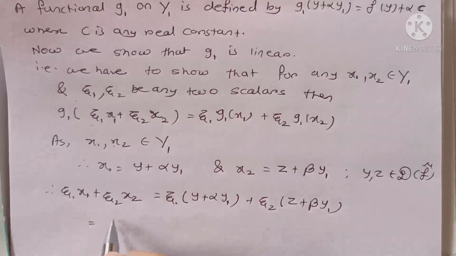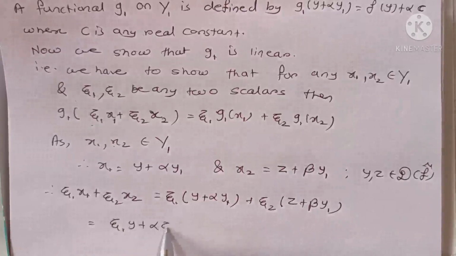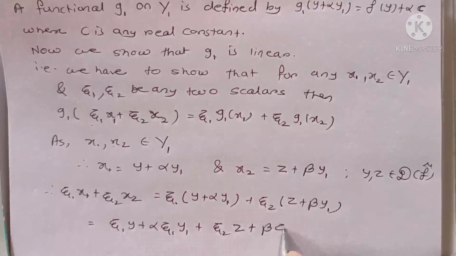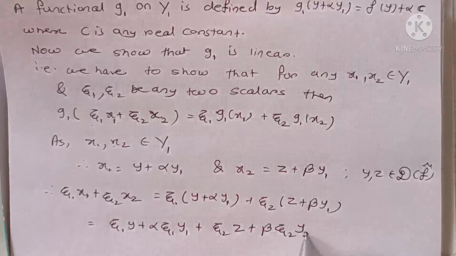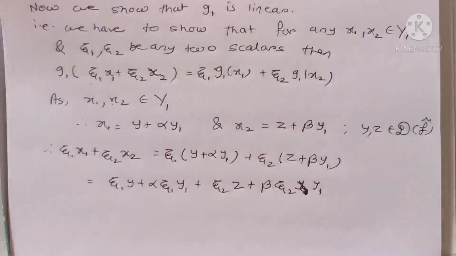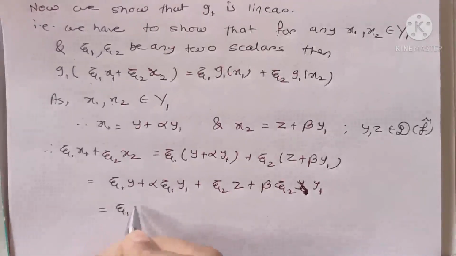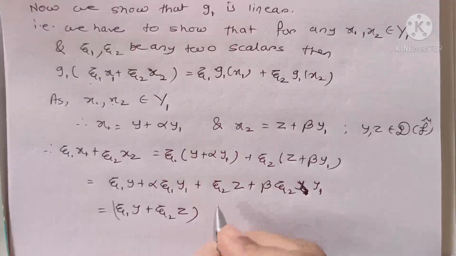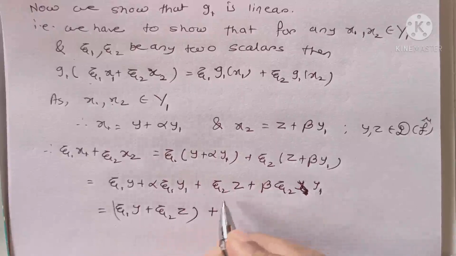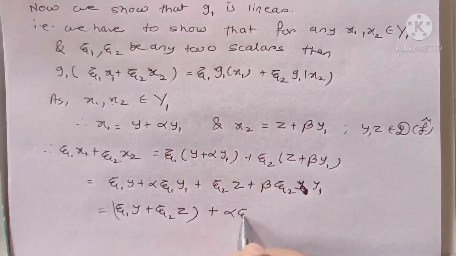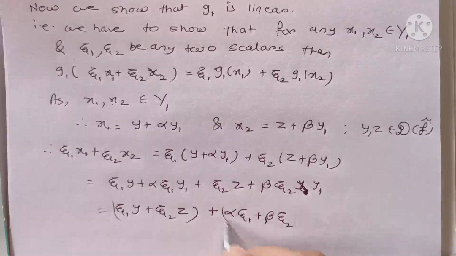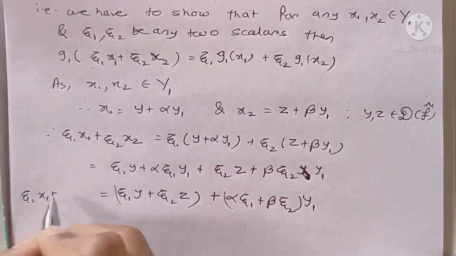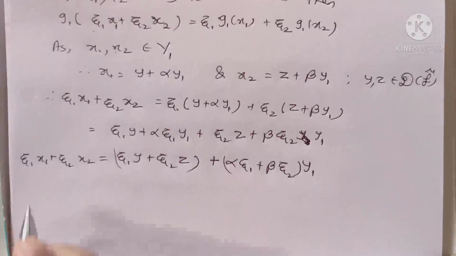Now simplifying it, we get xi1 y plus alpha xi1 y1 plus xi2 z plus beta xi2 y1, which equals (xi1 y plus xi2 z) plus, taking y1 common, (alpha xi1 plus beta xi2) into y1. This is the value of xi1 x1 plus xi2 x2.